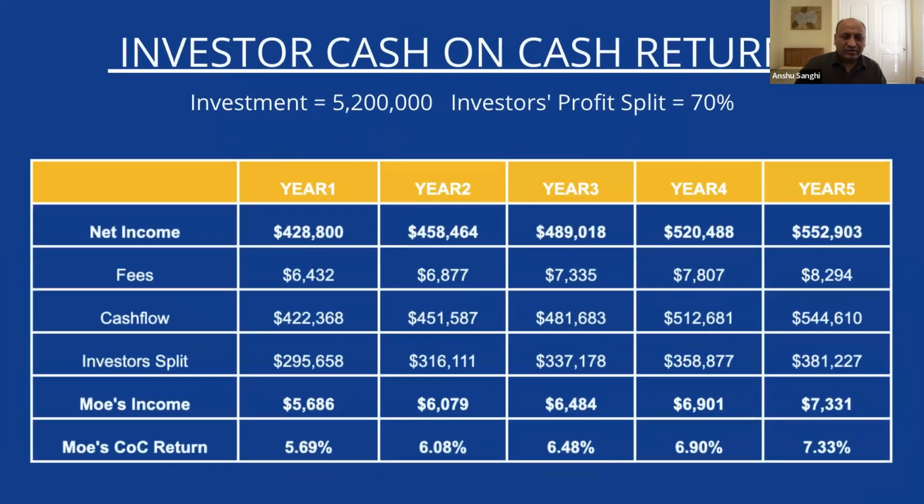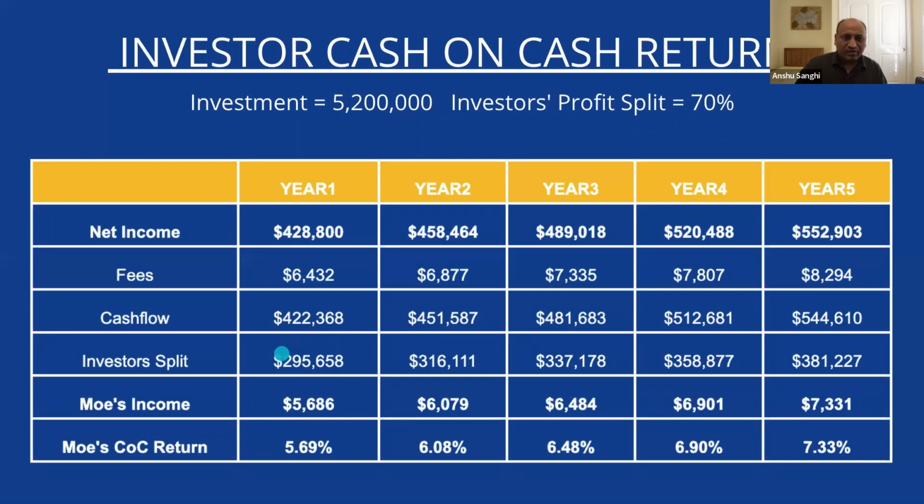So what do investors get out of that? Let's look at Mo. Net income in year 1 was 428,000, and sponsors charge 1.5% as a fee. Taking that fee out, this is the cash flow which is available to be distributed to partners. Applying 70% for investors, we take 70% of cash flow. This is the amount that goes towards investors, and the rest is distributed to the sponsors.